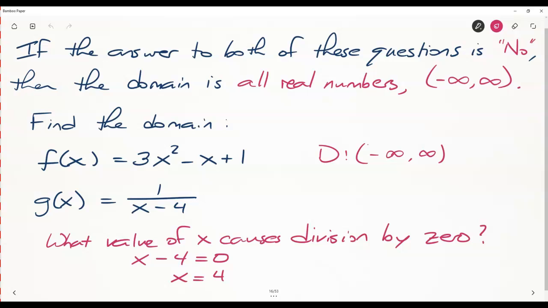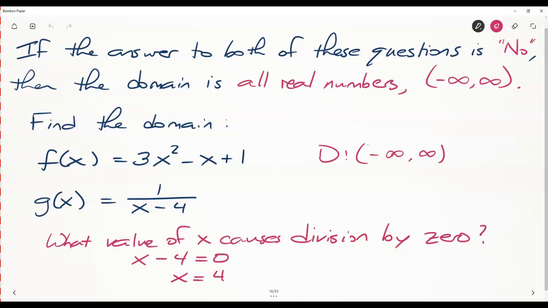And the values of x that you get here will be the values of x you cannot allow to be put into the function, because you'll get an undefined value. So for this problem, the only number that causes division by 0 is 4. So my domain for this problem is all real numbers, except we're going to throw 4 out.